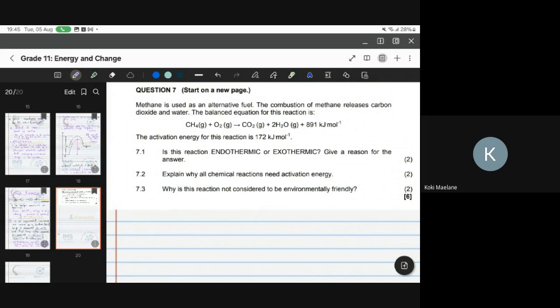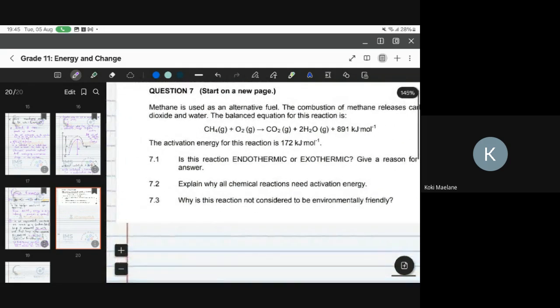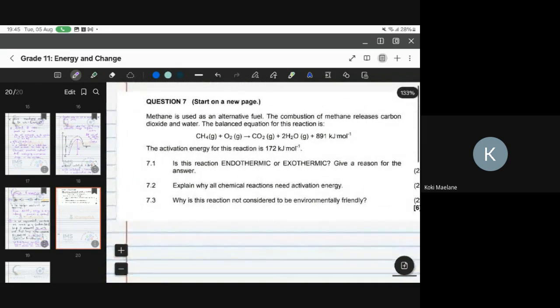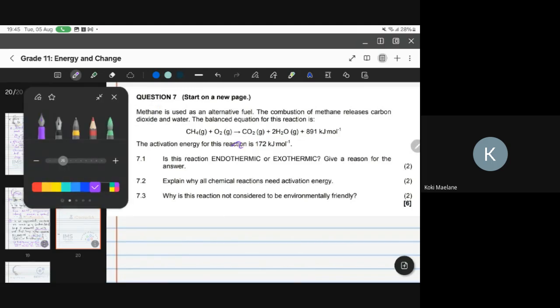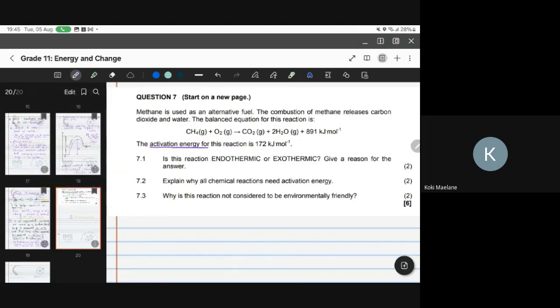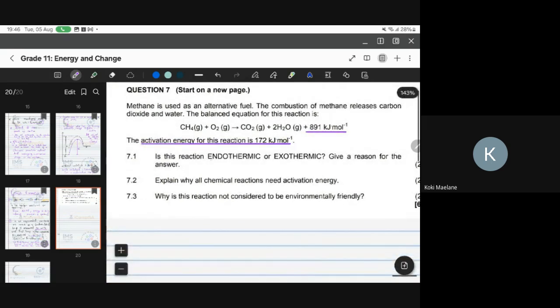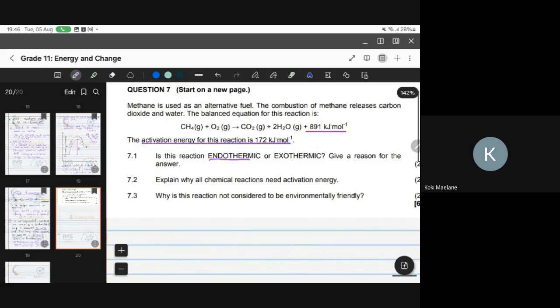And they also give you the activation energy. Okay, good. So now remember what I said about combustion.